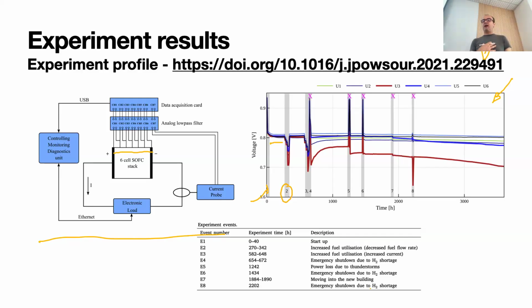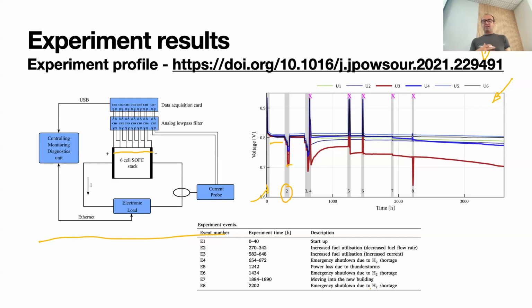This was done by us on purpose. The goal was to check how the stack performs under different fuel utilization rates. I can't remember off the top of my head, but I think we started somewhere from 77 and went all the way up to 95 or 92.